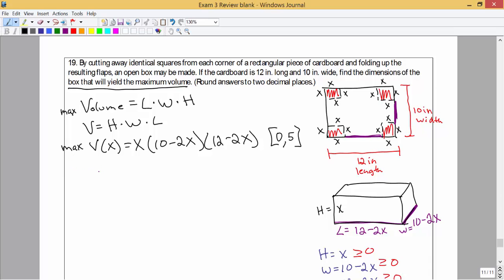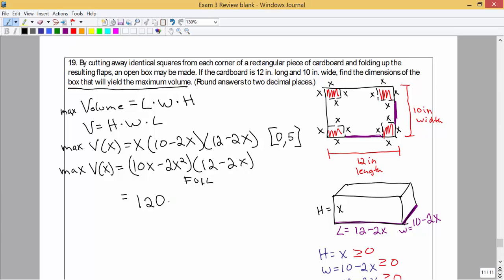Okay, we're going to rewrite this function. I'm going to go ahead and multiply in the x, so that gives me 10x minus 2x squared. And I'm going to multiply by 12 minus 2x, and we're going to FOIL here. And when I FOIL, I end up getting 120x minus 24x squared minus 20x plus 4x cubed.